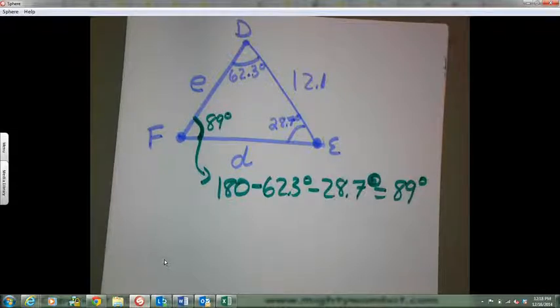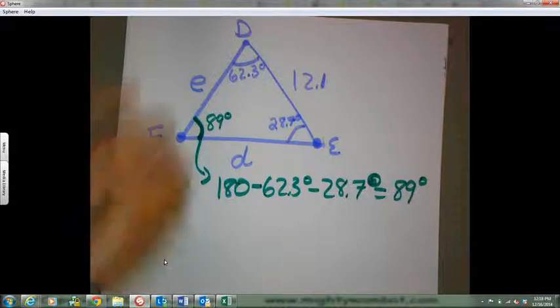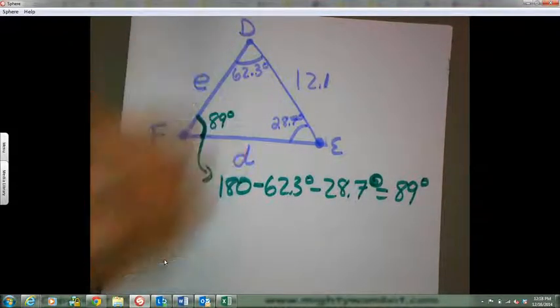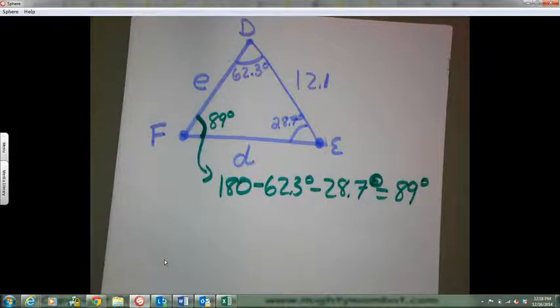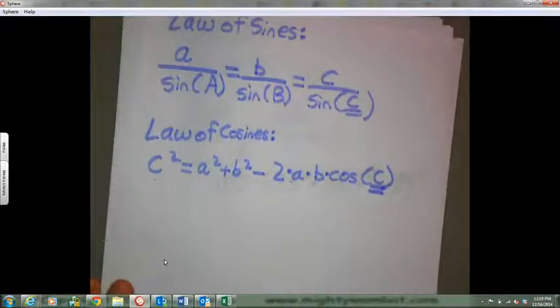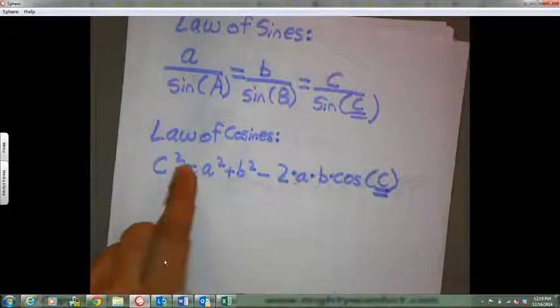The issue is the following. I don't know whether to use law of sines or law of cosines. And maybe you all are equally wondering. So here's how I know. If you look at the formula again, law of cosines has 4 things that are unknown: all 3 sides and 1 angle.